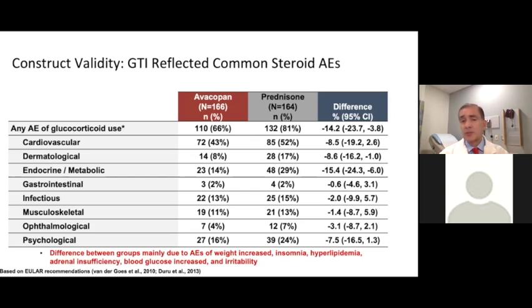And the differences between groups were mainly because of lower numbers of adverse events related to weight, which of course relates to BMI, insomnia, hyperlipidemia, adrenal insufficiency, blood glucose, and irritability, all of which are captured by the GTI.